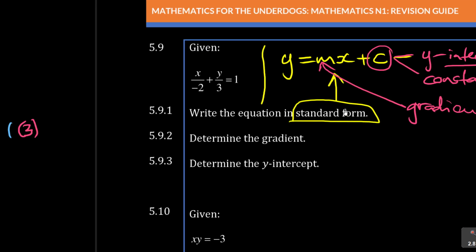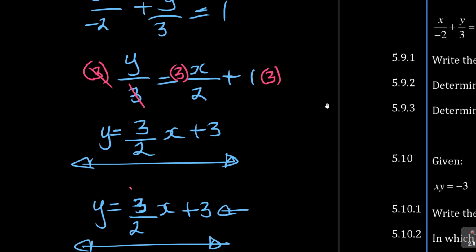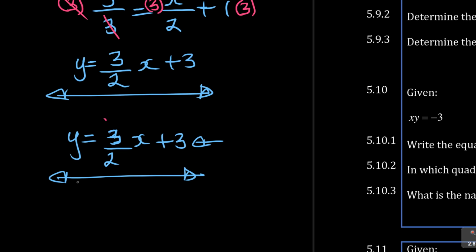If they say standard form, they are saying, isn't this y is called mx plus c? So if I come here and write the standard form, y is equal to mx plus c. Now what you are trying to say is 3 is c, x is x, and m is 3 over 2. You understand?